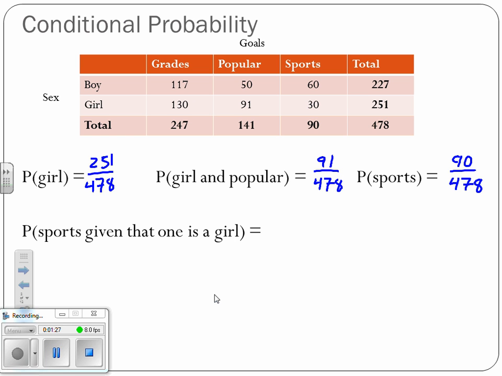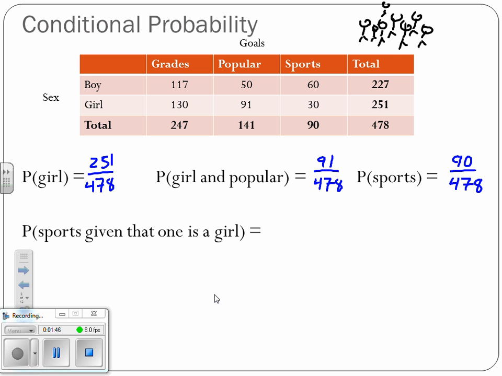Where we're going to get a little bit more in depth today as opposed to the previous probability is the probability that we get a student that's sports given that we know they are a girl. One way to think about this, let me do a crude drawing. We have all of our students lined up in the hall that took part in this survey, and we know that they're girls.